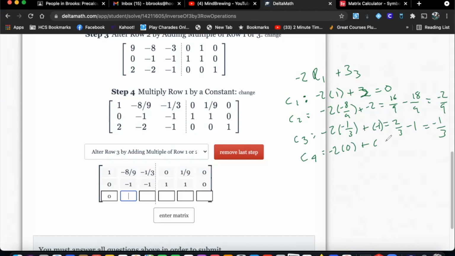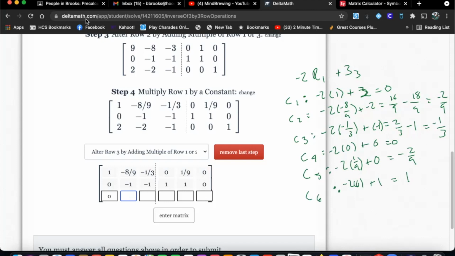So it's still 0, thankfully. Column 5, it's going to be -2 times 1/9 plus 0. So it's going to be -2/9. In column 6, I'm going to have 0, -2 times 0 plus 1. So it'll still be 1.